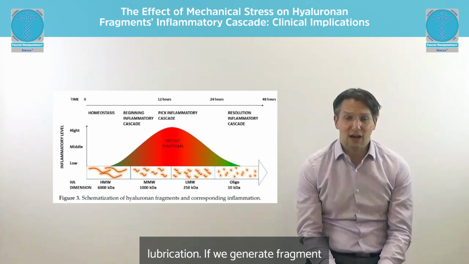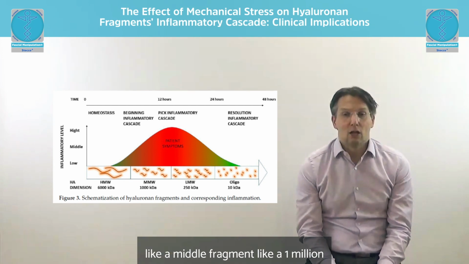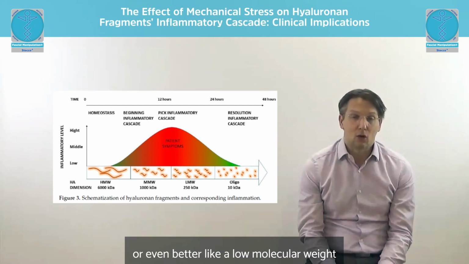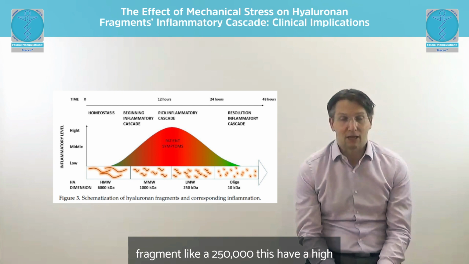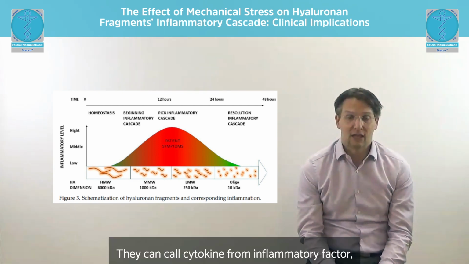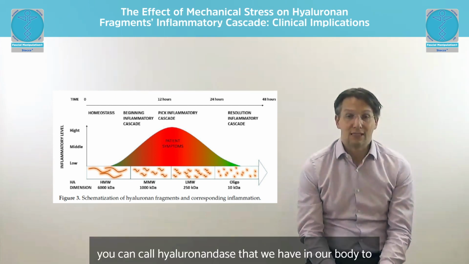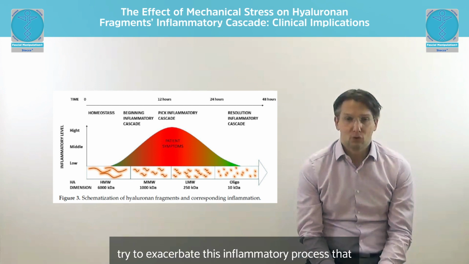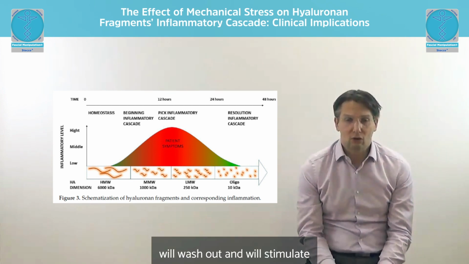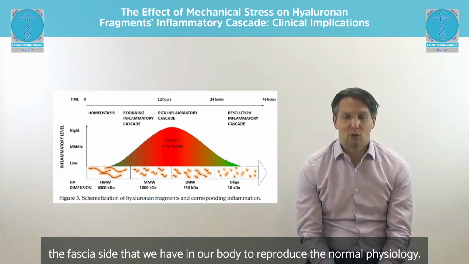If we generate middle fragments, like 1 million Dalton, or even better, low molecular weight fragments, like 250,000, these have a high inflammatory effect. They can cause cytokines, pro-inflammatory factors, they can call hyaluronidase that we have in our body to exacerbate this inflammatory process that will wash out and will stimulate the fasciocytes that we have in our body to reproduce the normal physiology.